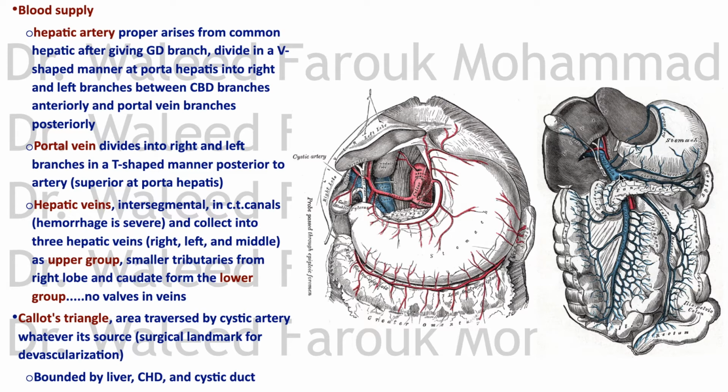It's worth noting here that at this area, see the direction of blood in the portal vein and the direction of blood of the hepatic proper: both are in the same direction, parallel to each other.